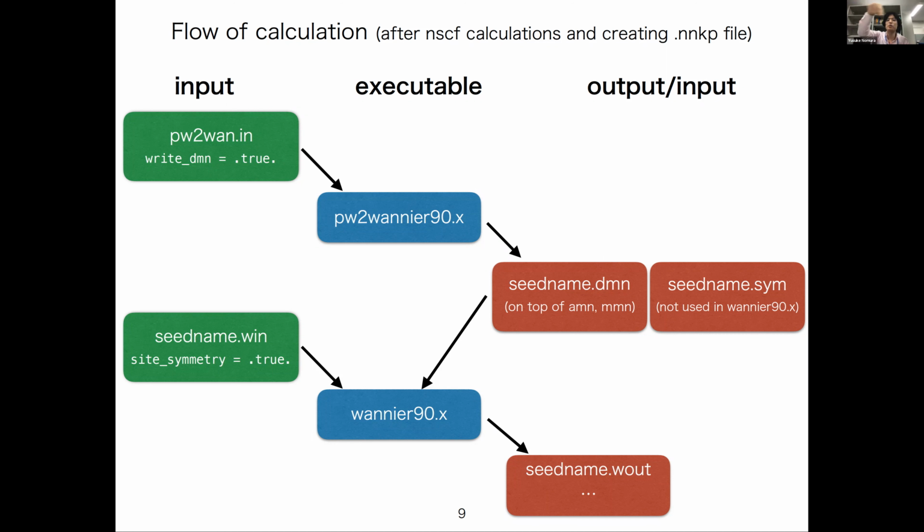Then we need the overlap between K and K plus B, where K plus B is the neighboring K point. In the gamma only case, of course, we can transform the Bloch function to the Wannier gauge somehow, and we can also do the symmetrization of this unitary matrix.